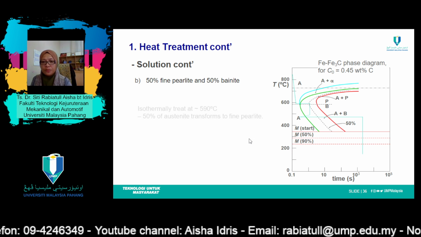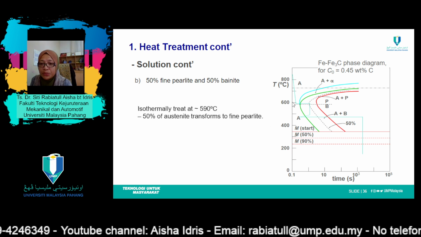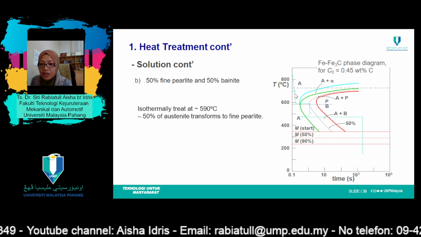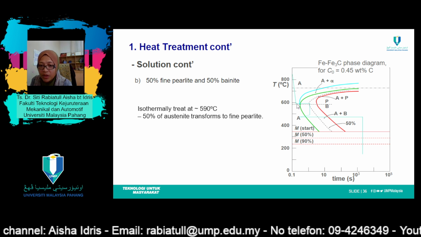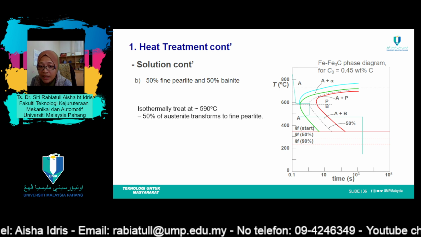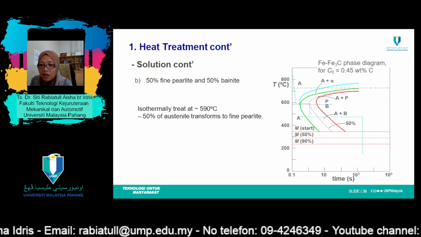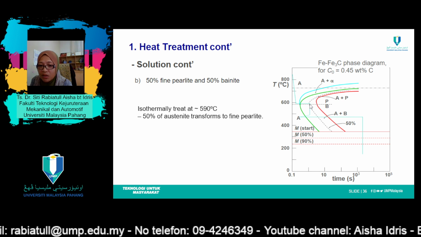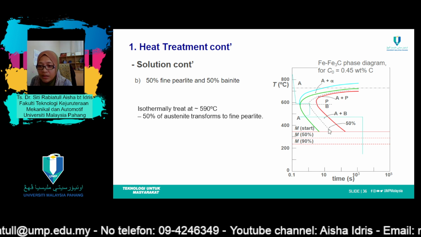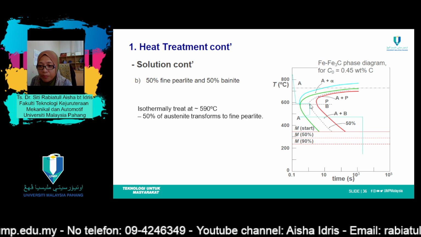So isothermally treat, and draw a line there until it reaches 590 degrees C, and then hold that temperature until it reaches 50% pearlite. So this line represents 50% pearlite.